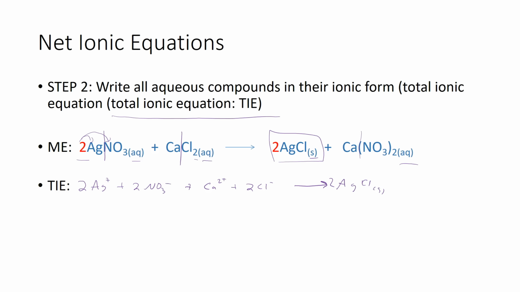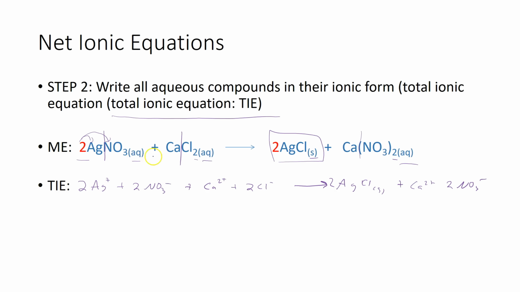Bad science teacher. Serendipitous though, so I can demonstrate how we make those mistakes. If it's a solid, we do not write it in the ions. And then plus, this is aqueous, so Ca2+, and I have two nitrates, 2NO3-. So that is my total ionic equation.